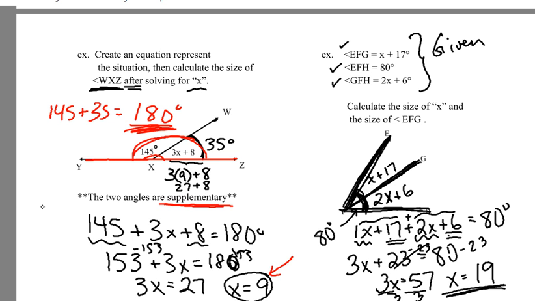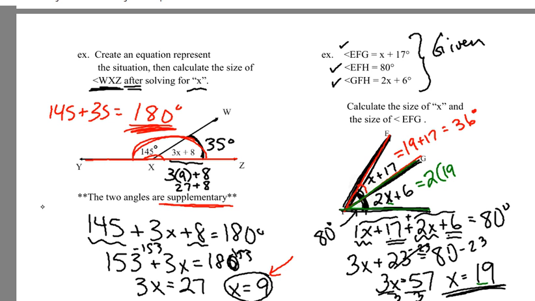We know that that first angle, EFG, was x plus 17. So that angle, x, which is 19 now, plus 17, that's a 36-degree angle. The second angle was identified as 2x plus 6. So I now know or think that x is 19.